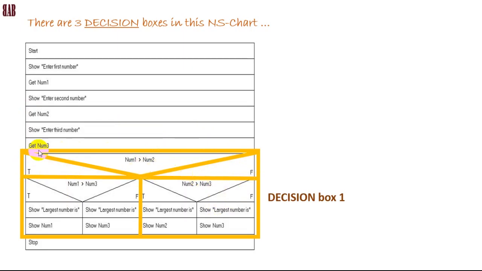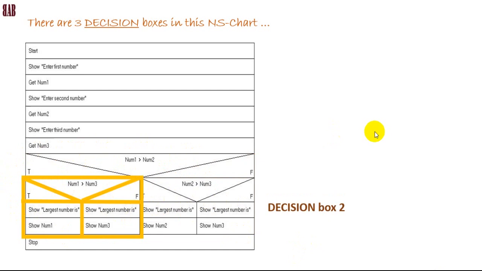So this is one decision box we have, and inside that box you can see there is another decision box, and another one here. This is the first decision box. The second one is within our main decision box. In the true side of that main decision box, we have another decision box. That decision box again has a true and a false and has two sides.